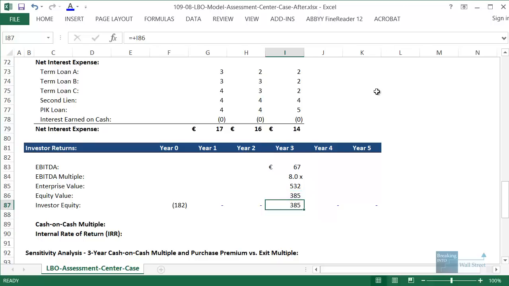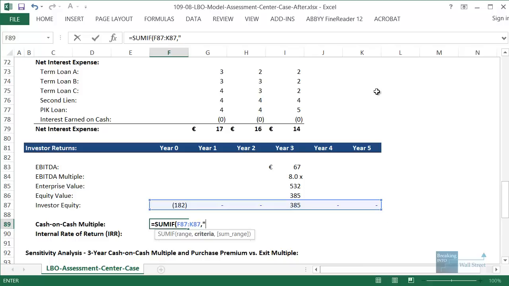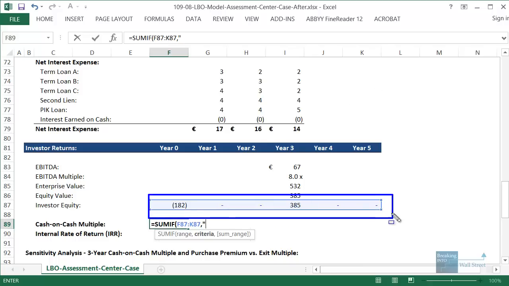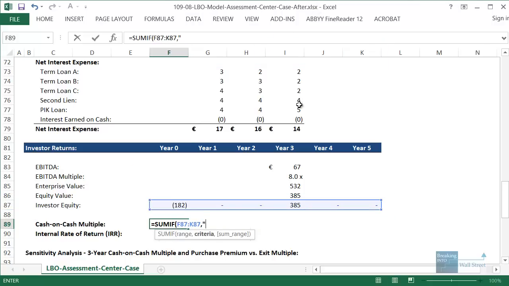So we have that. And then for the cash on cash multiple, we're just going to do a SUMIF function, and we'll sum up this entire range, F87 to K87, but we need to sum up the positive numbers first, so I'm going to enter above 0 for the criteria.